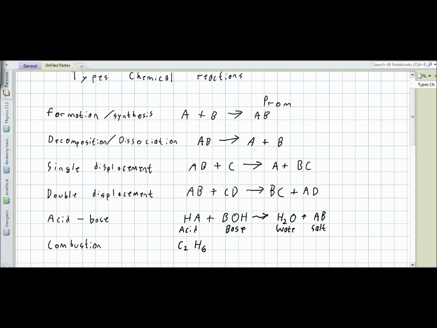And with a combustion, it always is an organic compound reacting with oxygen in the air. And what happens is this reaction will go to form carbon dioxide, so it'll be CO2 plus H2O.